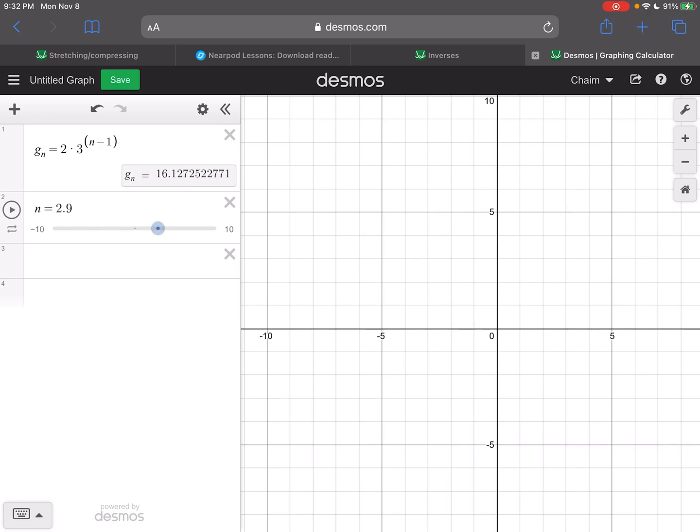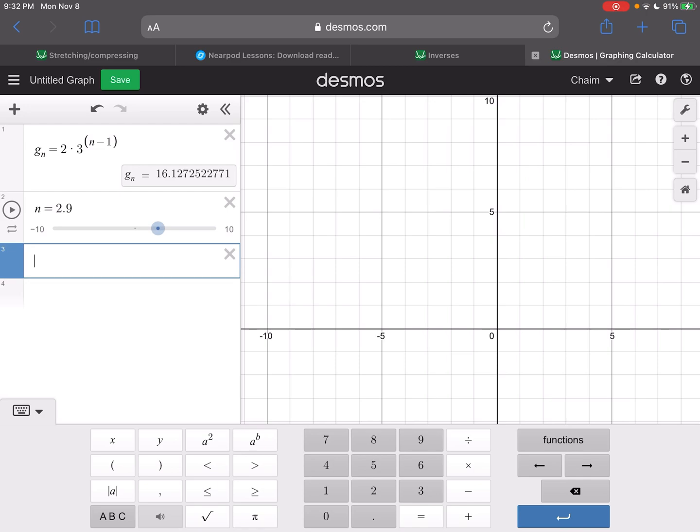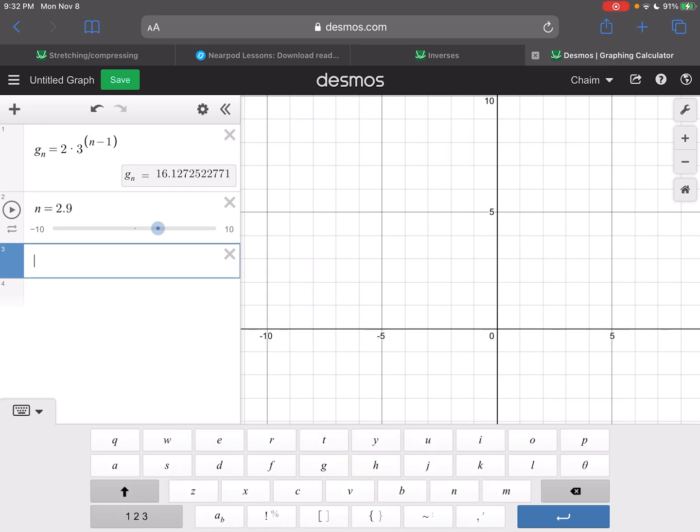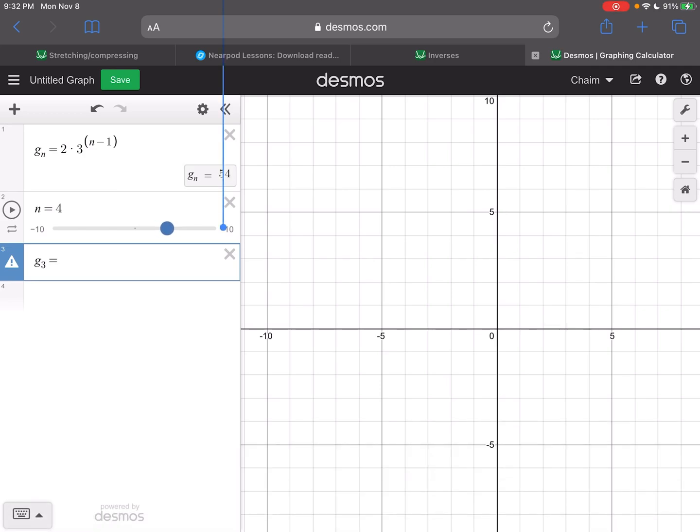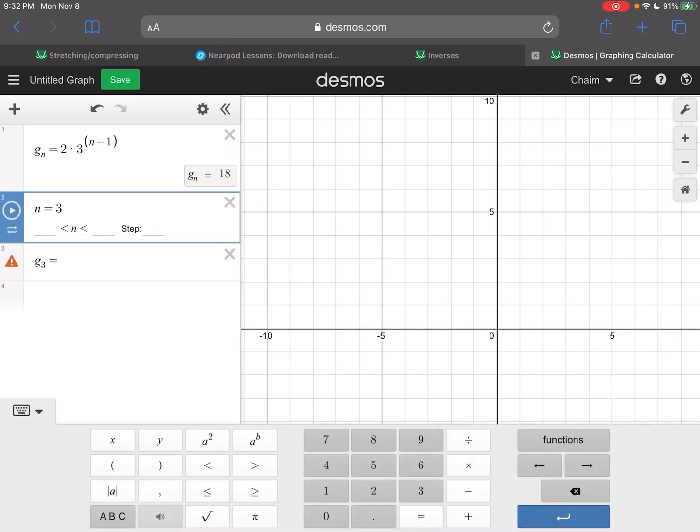So on my paper, I would say g, and then subscript 3 equals, or you could literally just type in 3 if you wanted to. Oh yeah, the third term is 18.